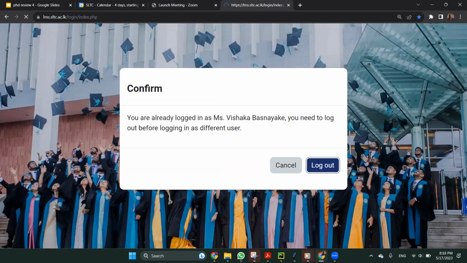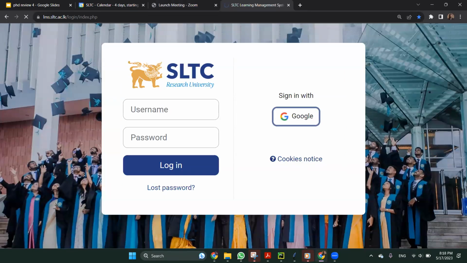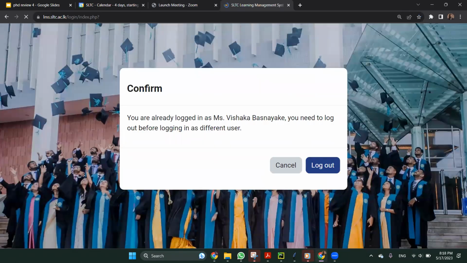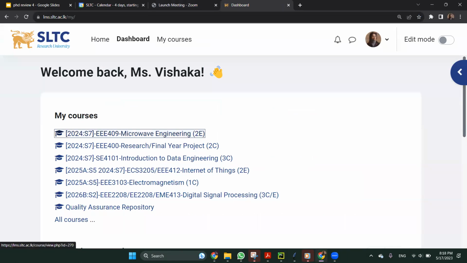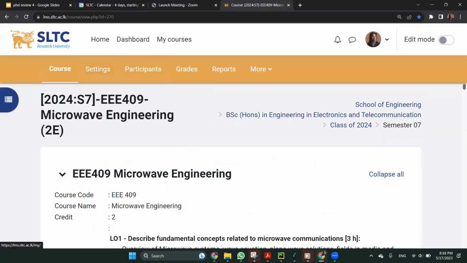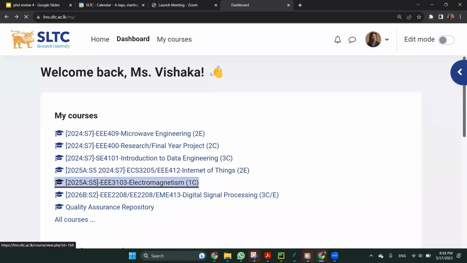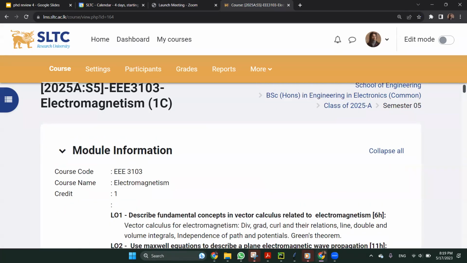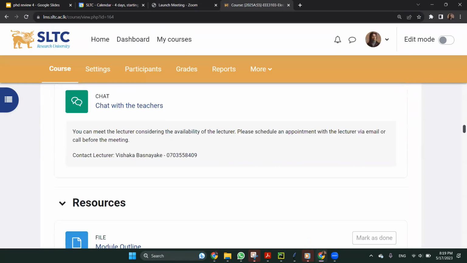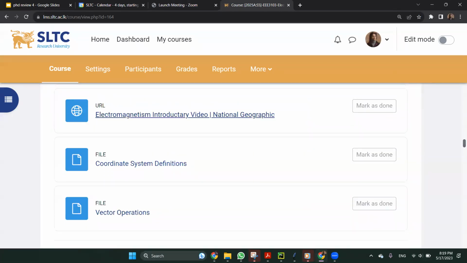If you have any questions regarding the course or anything else, you can let me know. Sorry, I have gone to a different page. In this one, you can go to the resource section. There's a PDF there regarding coordinate systems. This is the one.